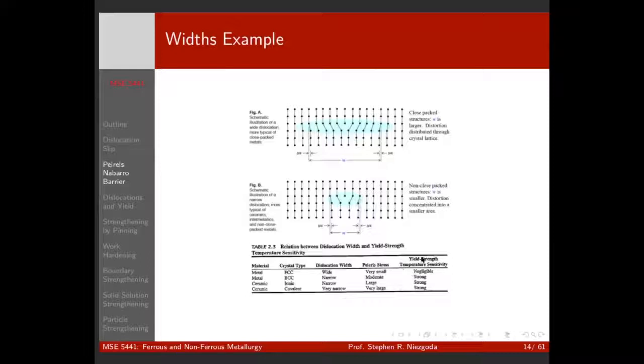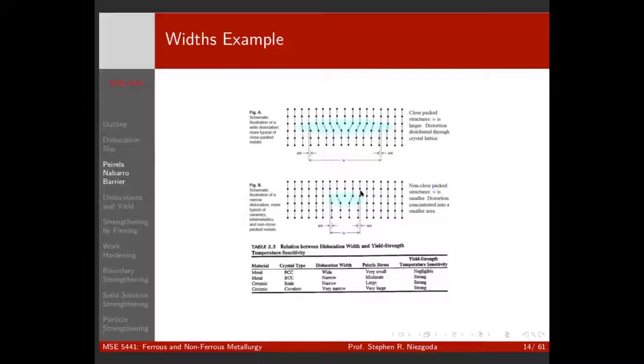We also have very little yield strength dependence on the temperature. The narrower we make it, the larger our Peierls stress is, the harder it is to move, because the distortion we're moving through the lattice is more concentrated. So covalent ceramics like diamond have very narrow dislocation cores and very large Peierls stress.